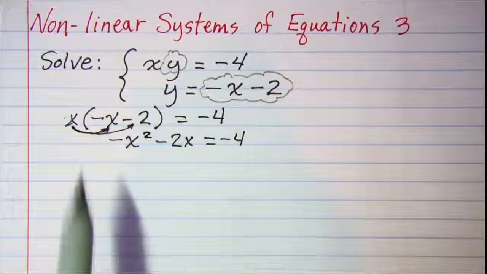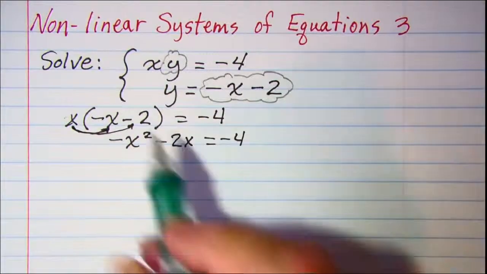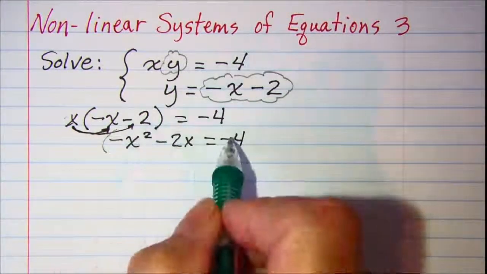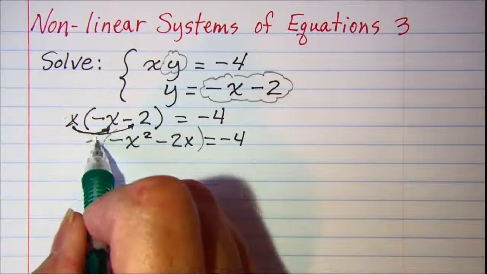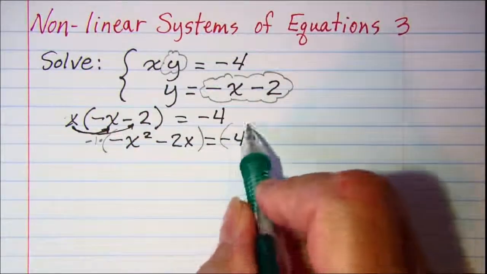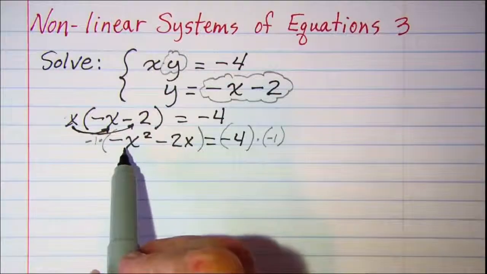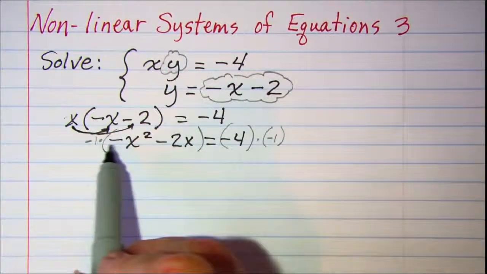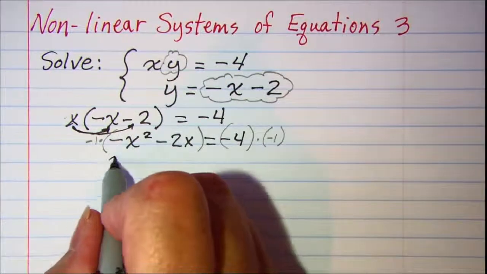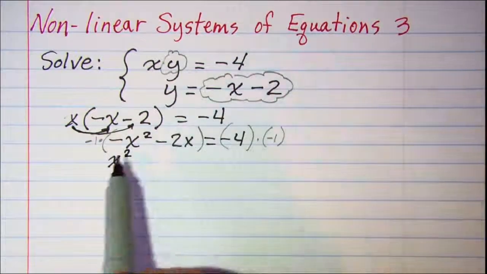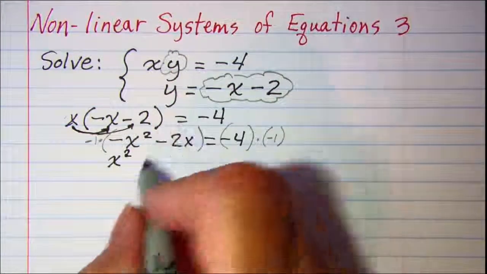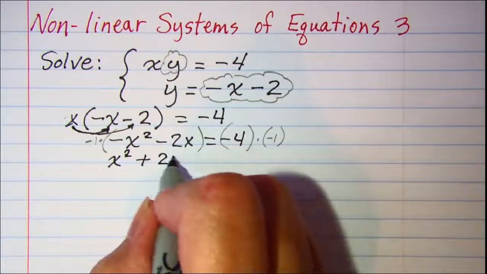Let's multiply both sides by -1 to get a positive lead coefficient. So -1 times -x squared is x squared. -1 times -2x is a positive 2x.